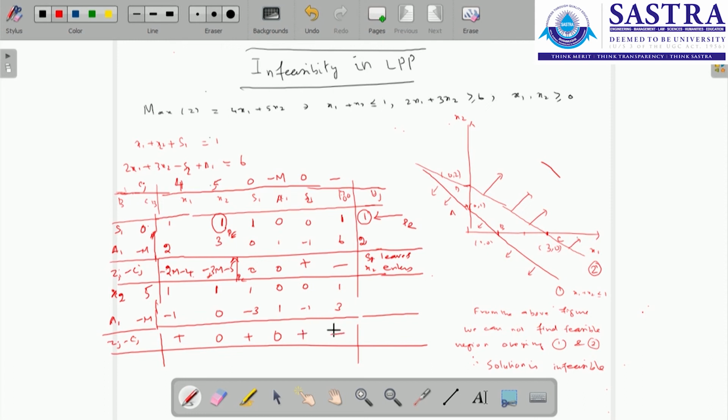So what do I have? I have all Zj minus Cj positive, where the artificial variable appears in the basis column.